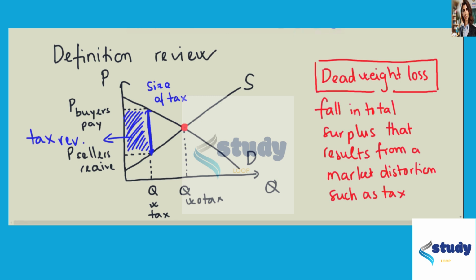You can see that after tax, the buyers pay a higher price than the initial equilibrium price, and the sellers receive a price that is lower than the price in the initial equilibrium.